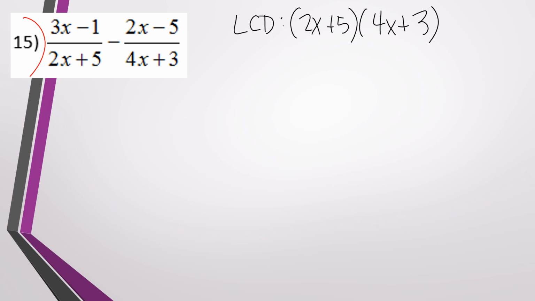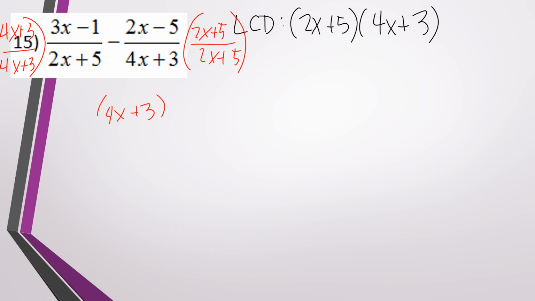So that means this first one needs 4x plus 3, and my second one needs 2x plus 5. Okay, so then I'm going to have 4x plus 3 times 3x minus 1. And again, you might want to use brackets there to show that you need to distribute that.